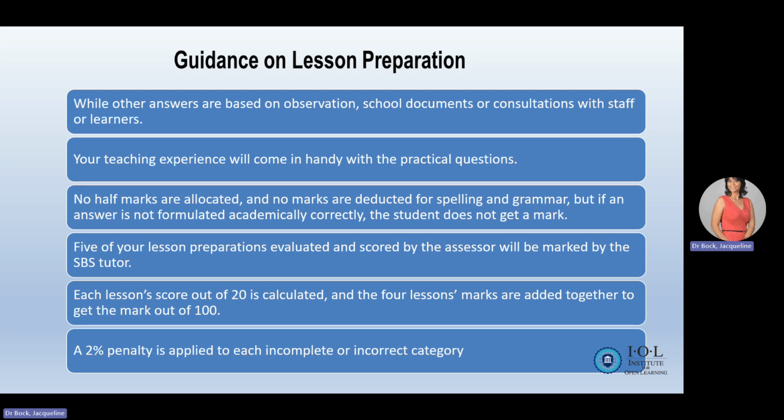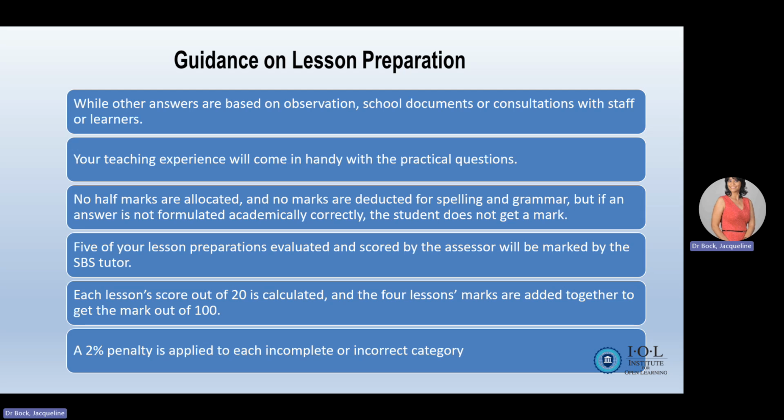So 5 of your lesson preparations, we will be evaluating them. This is now the assessor at IOL, the SPS teacher, SPS tutor. We will be allocating marks, 5 of them, 20 marks each, which adds up to 100 marks.